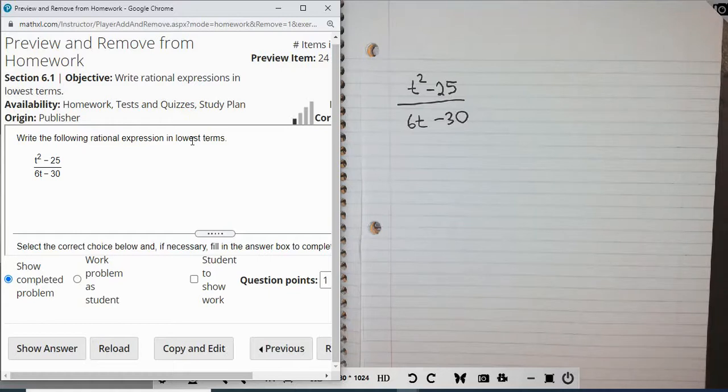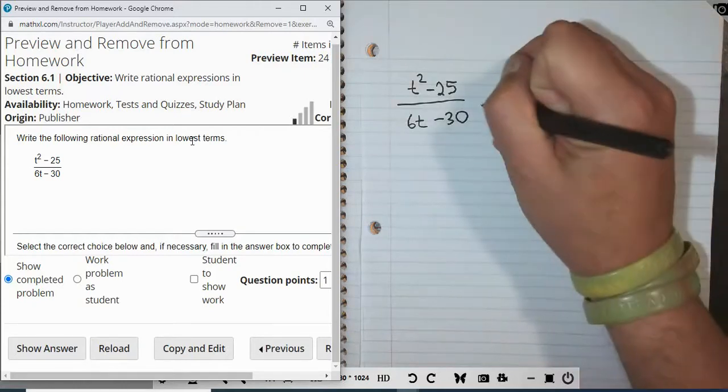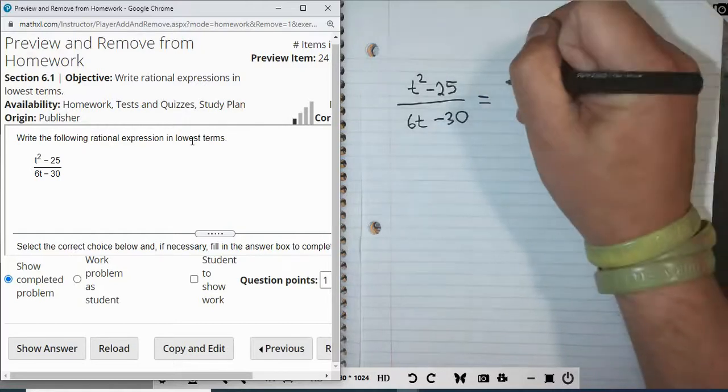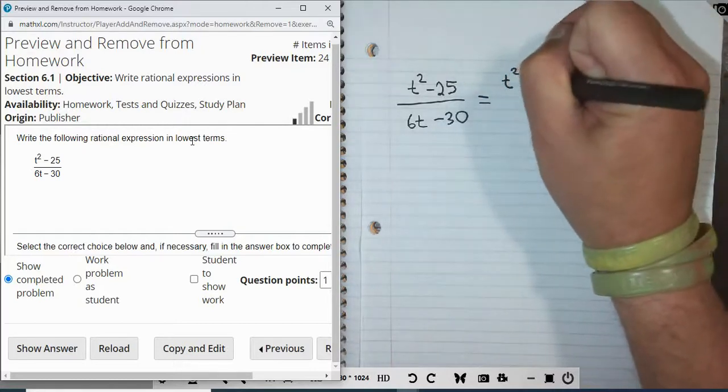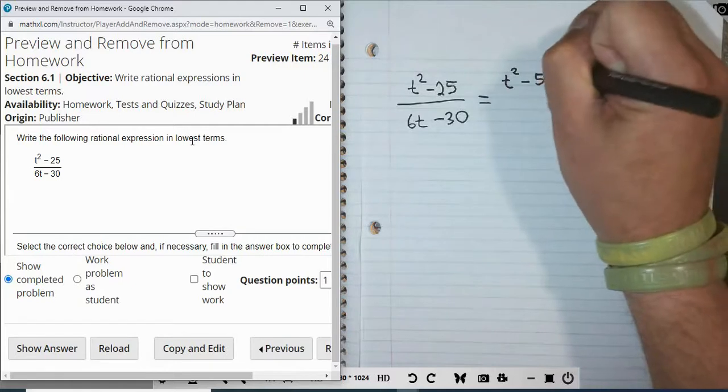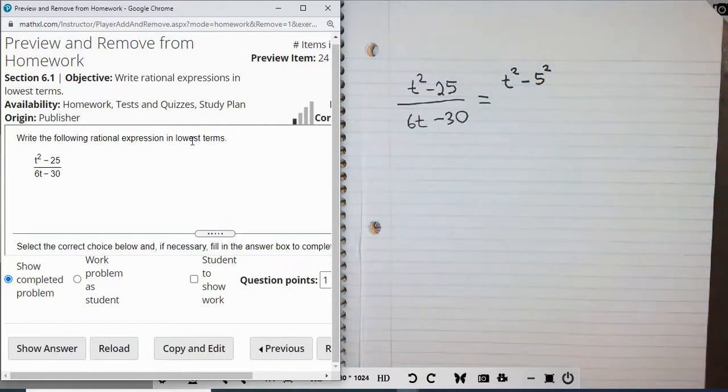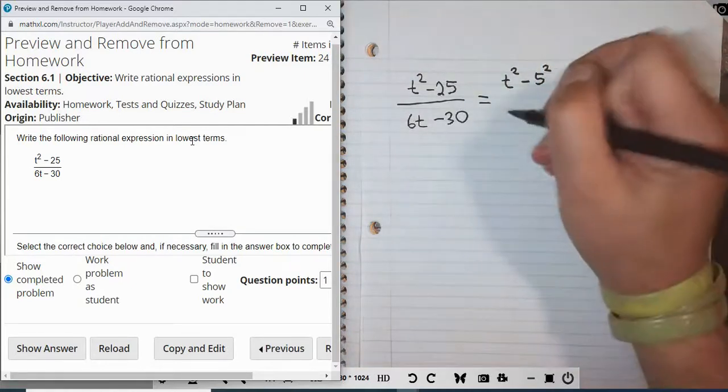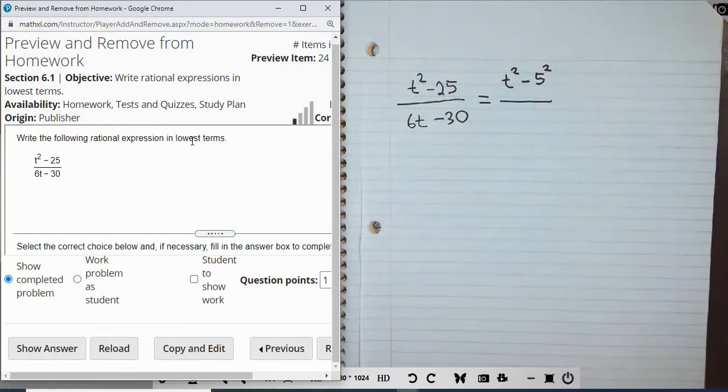If we look at that numerator, that one is actually a difference of squares. So let's go ahead and write that numerator as a difference of squares, t squared minus 5 squared. And then we want to factor the denominator as well.